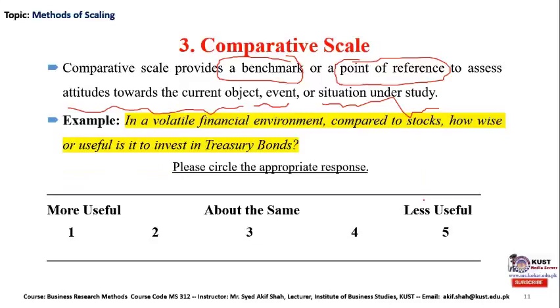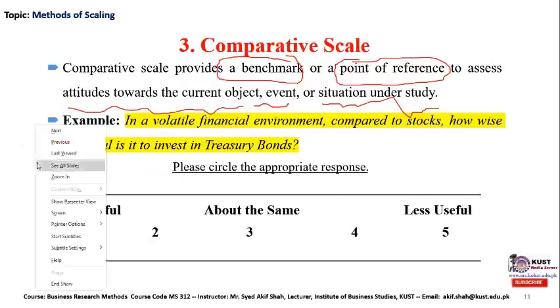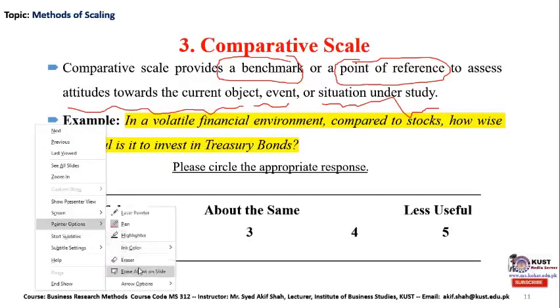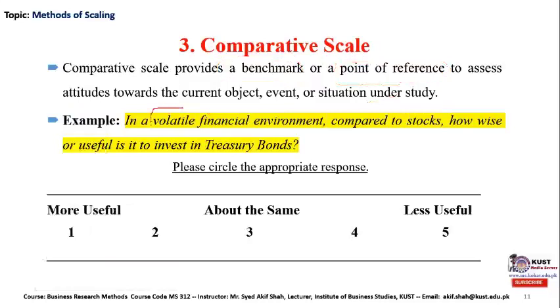The example or research question states: in a volatile financial environment. Volatile means there is no consistency, and there is a chance of either outperforming the market and earning abnormal profit, and similarly a high chance of bearing a big loss.